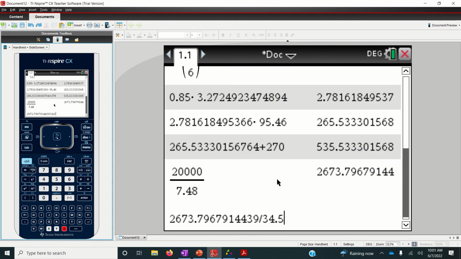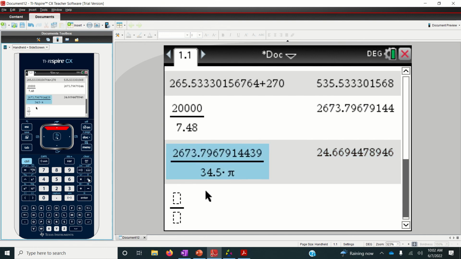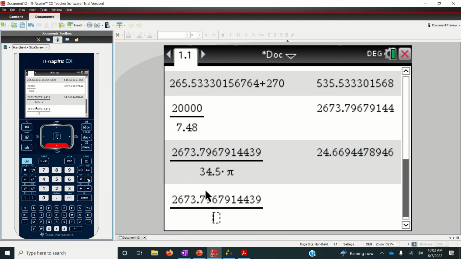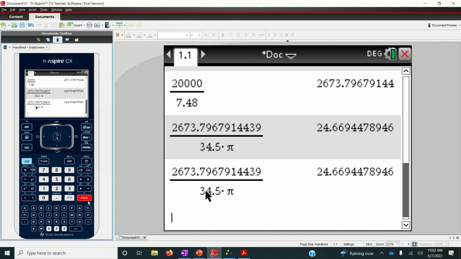So option number one, we can use parentheses around 34.5 times pi. Now it moves it to the bottom. Or we're going to do control divide, pick that first number on the top, and then type in the 34.5 pi on the bottom. One of those two things. Make sure you use parentheses when you have more than one thing in the denominator.